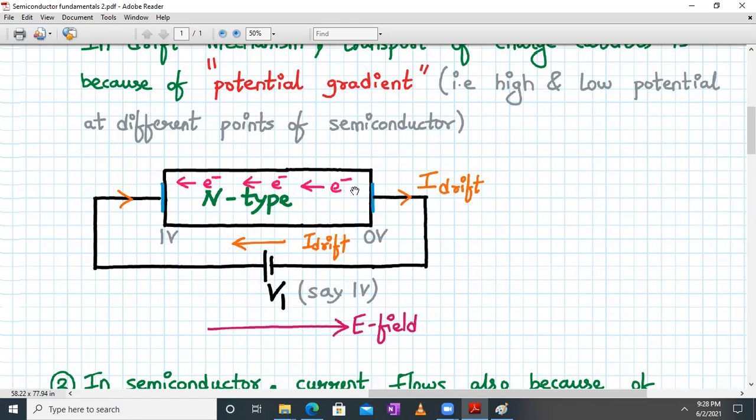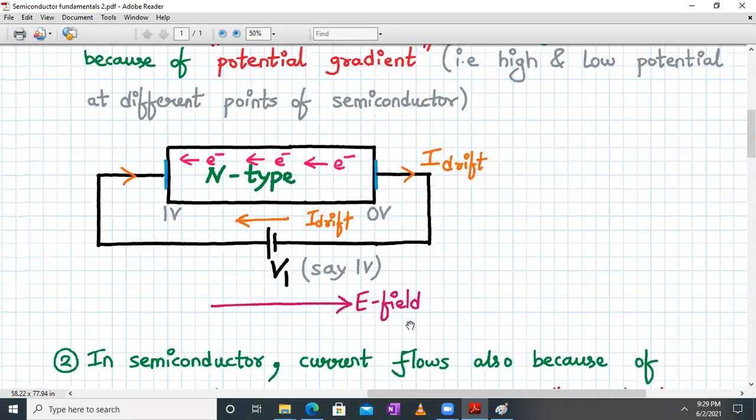Electrons are going from right to left because they are attracted towards the positive terminal of the power supply, and from the negative terminal they are repelled. That is why they are traveling from right to left. And we know that the conventional current flows in the opposite direction to the flow of electrons, so current in this circuit is traveling from left to right.